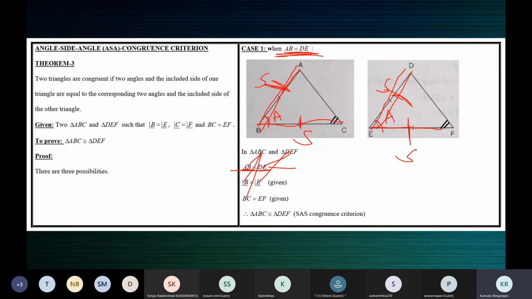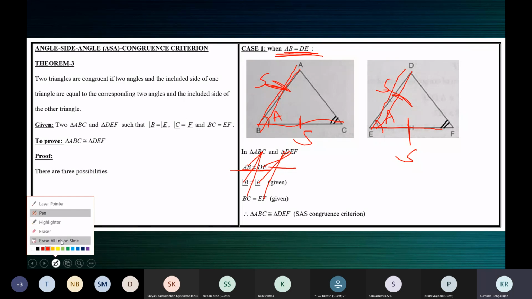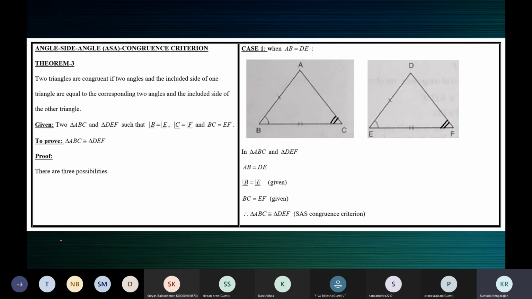Then BC of the first triangle is equal to EF of the second triangle, given. These three are parts of the first triangle ABC, and these three are parts of the second triangle DEF. AB equals DE is the assumption, angle B equals angle E is given, BC equals EF is given. So this makes SAS.